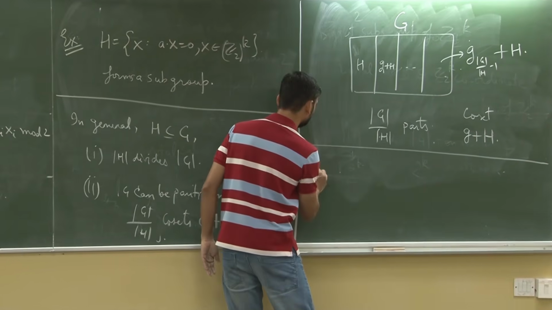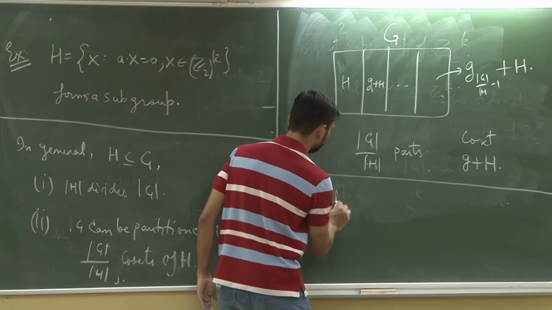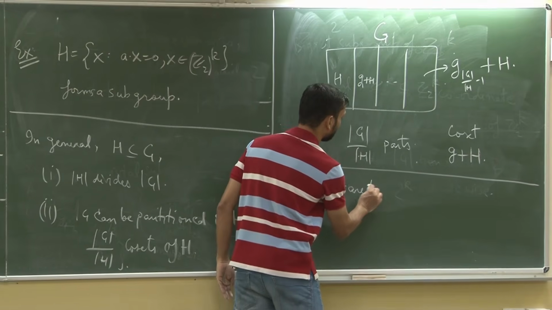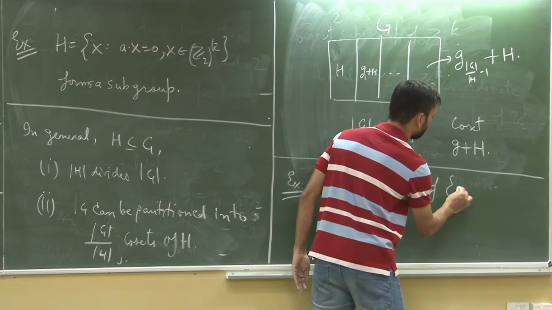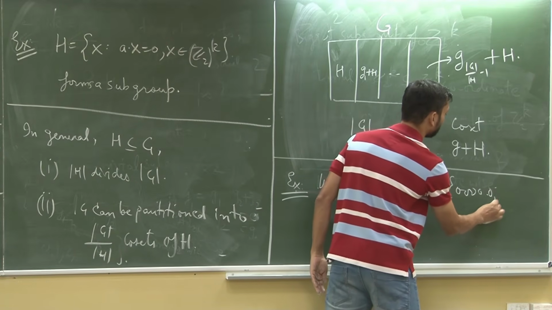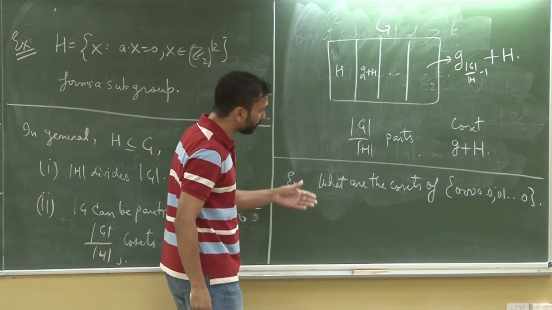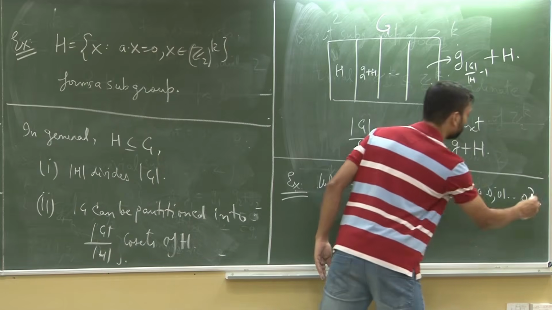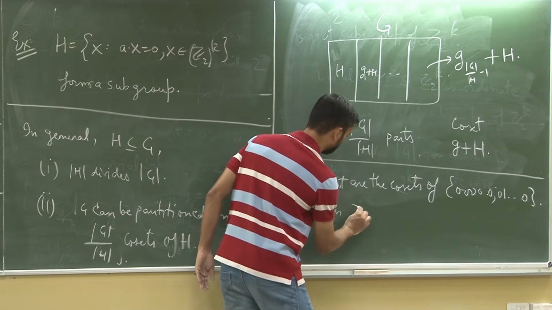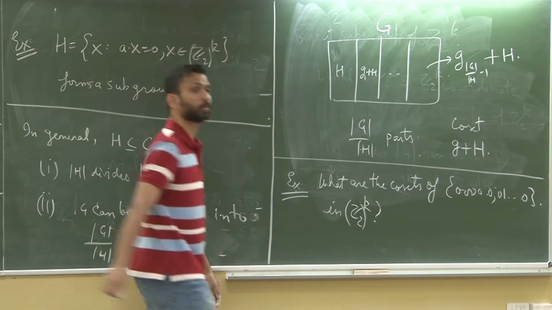And again, as an exercise, you can find out what the cosets are of the simplest non-trivial subgroup of Z2 to the power k.